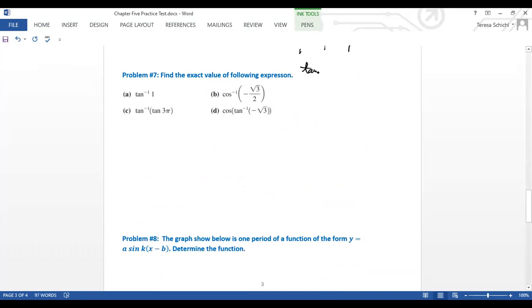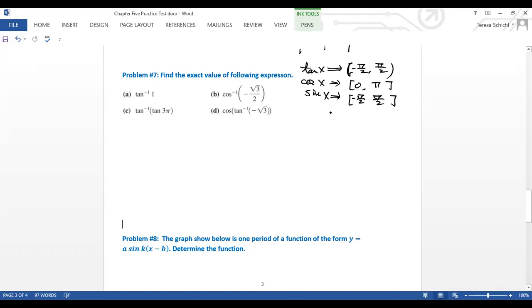For tangent x, the restricted domain is from negative pi over 2 to pi over 2, right? And cosine, the restricted domain is from 0 to pi. And sine x, the restricted domain is from negative pi over 2 to pi over 2 here.